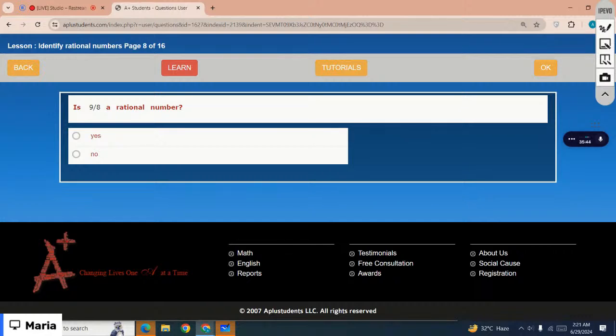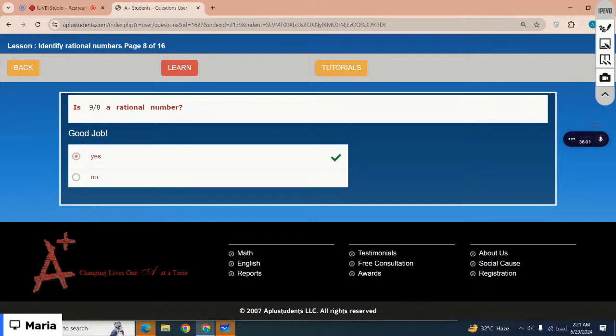Is 9 by 8 a rational number? Yes, 9 by 8 is a rational number. The correct option is yes.